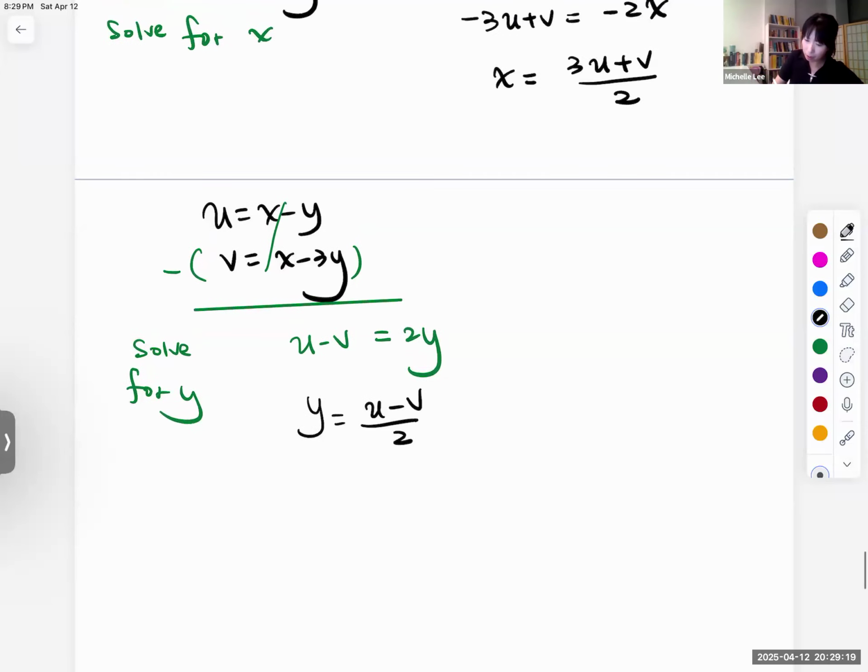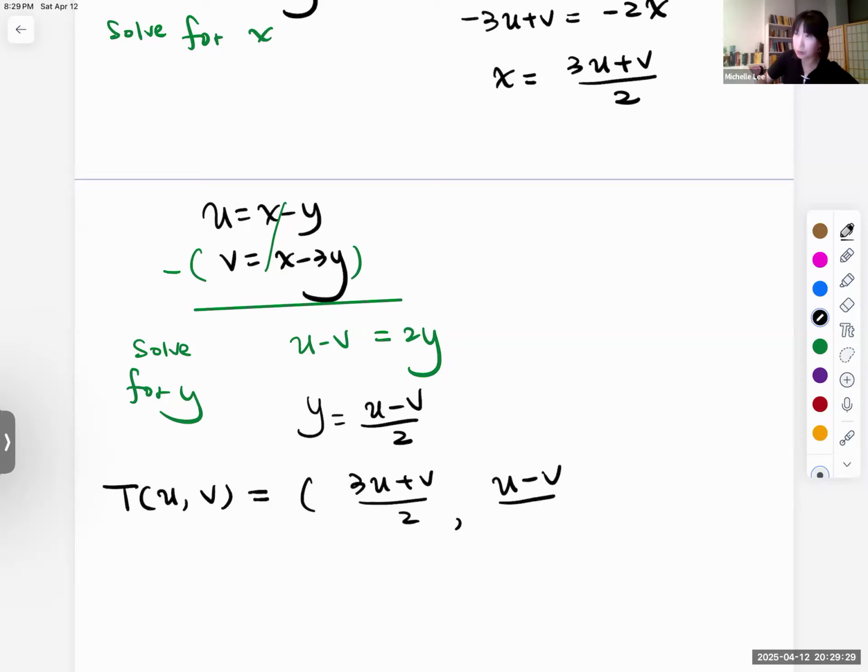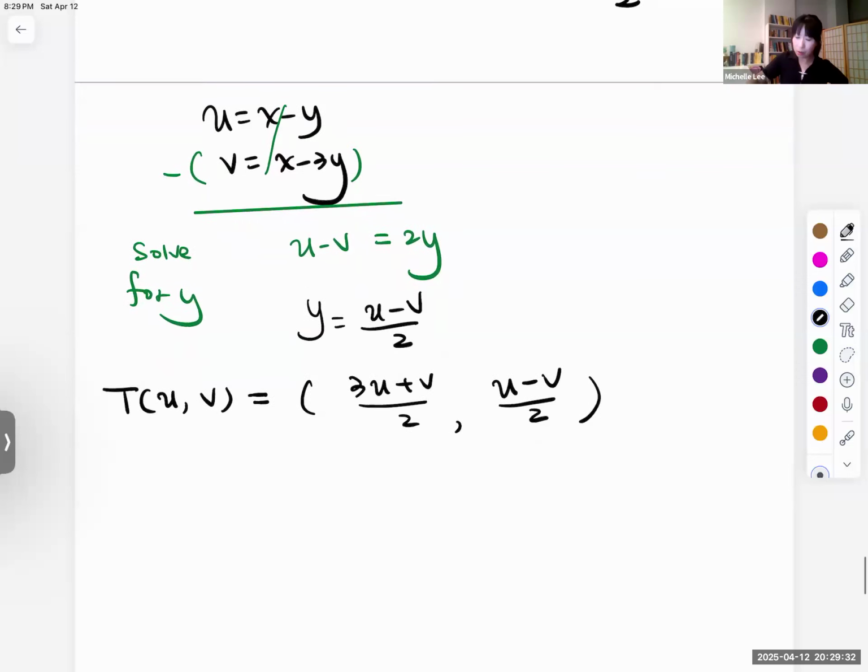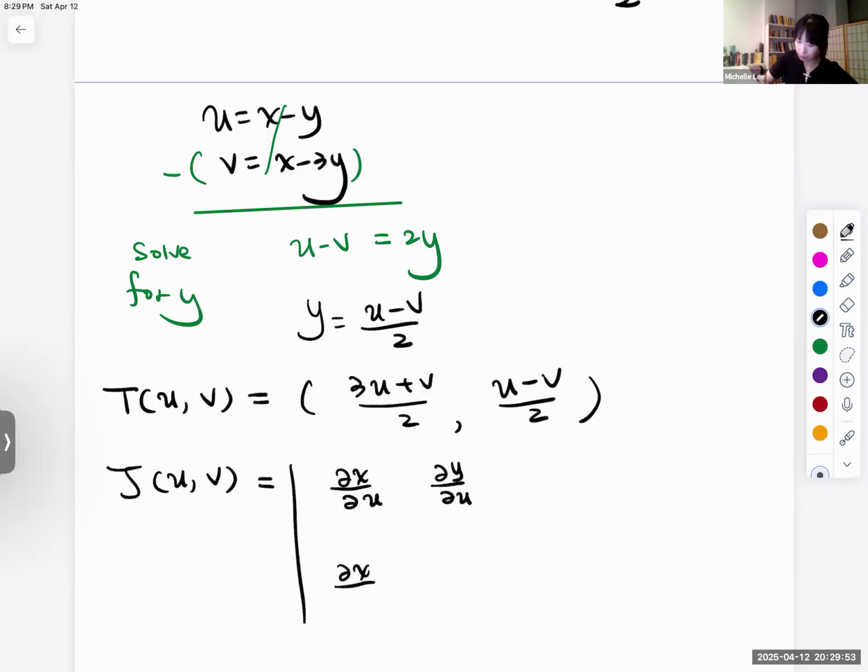Okay, so there will be T of UV equal to 3u plus v over 2 and u minus v over 2, right? Okay, so we still need to do the Jacobian, right? So the Jacobian will be, okay, the partial derivative with respect to u, right? In that case, and the partial derivative with respect to v.